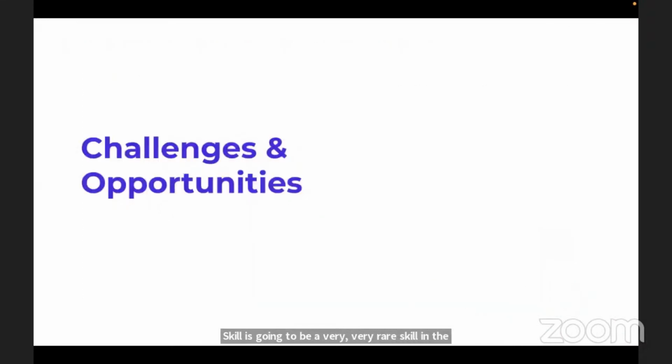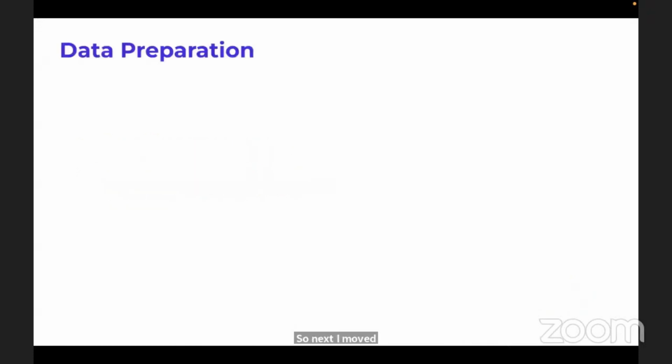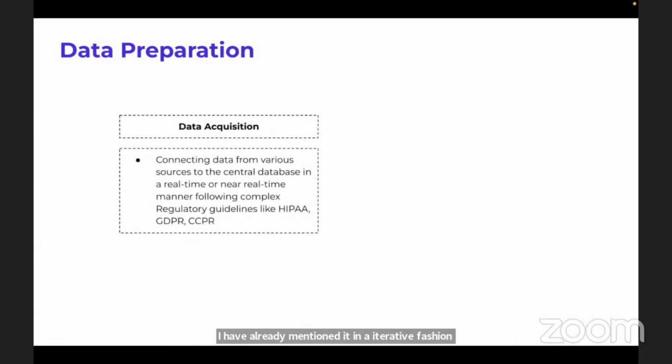So next, I move to the challenges and opportunities. Challenges-wise, I have already mentioned them in an iterative fashion, but I will just mention them again. One is the problem in data acquisition. You can't get data so easily. Suppose in some cases you have to do real-time prediction. Suppose a person is wearing a Fitbit, a wearable, from which you are capturing blood pressure.